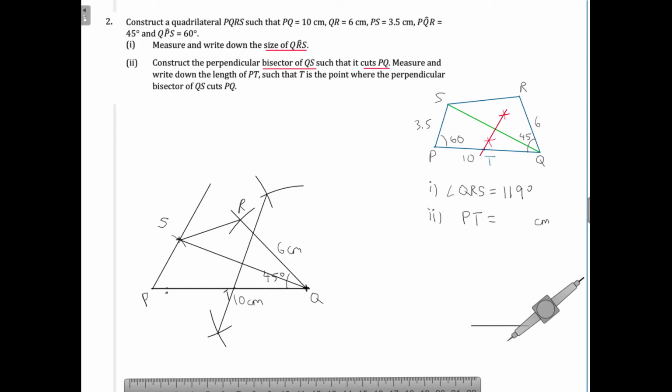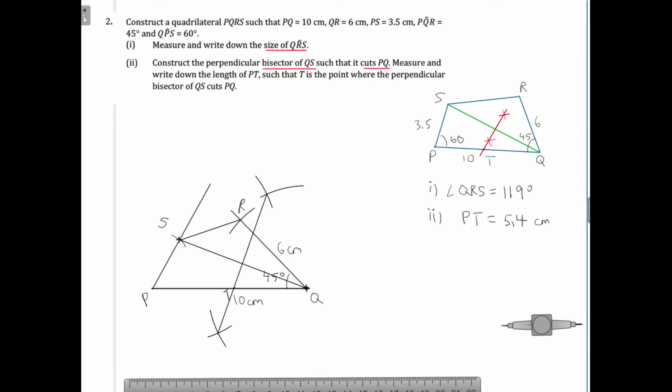To measure a length PT, we need to use the compass, put at P, and once we have taken the distance from the diagram, then we can bring it over to the ruler to take the measurement, which is about 5.4 cm.